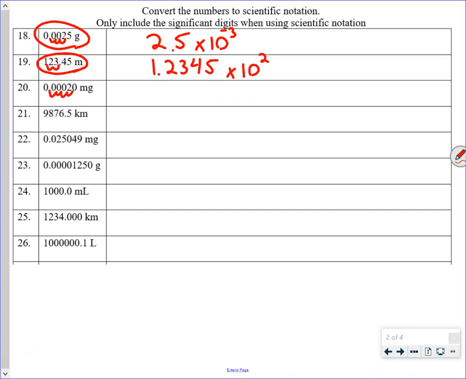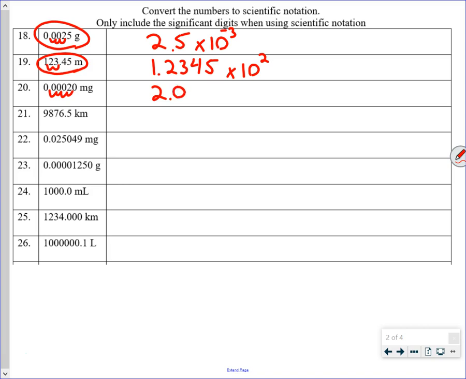Well, zeros to the right of your last non-zero do count if there's a decimal in the original number, and there is. So when we turn something into scientific notation, we absolutely need to include all of the significant numbers that were there before. So I moved this 4 places. I'm going to rewrite it. That 0 behind my 2 is significant. I need to include it.